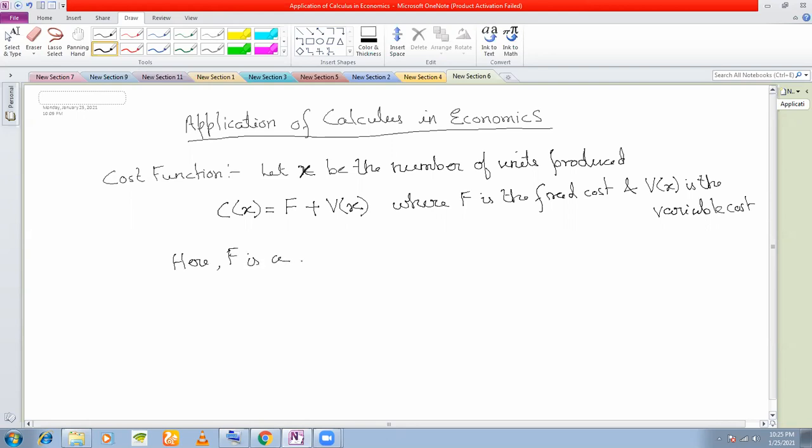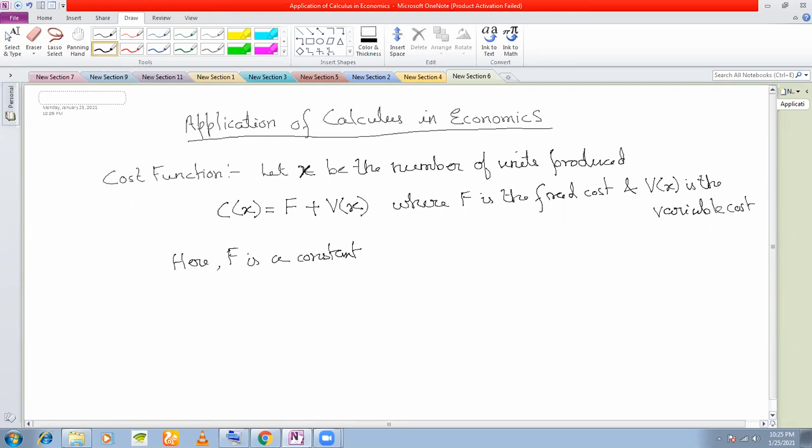What kind of cost can you have as fixed cost? Say, salary paid to the gatekeeper. Whether your factory is running or not, you have to pay the gatekeeper, right? Whether your factory is running or not, you will have to pay the rent, right? So that is a fixed cost.